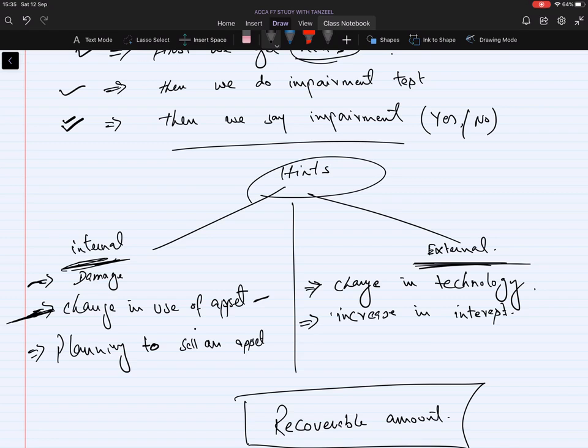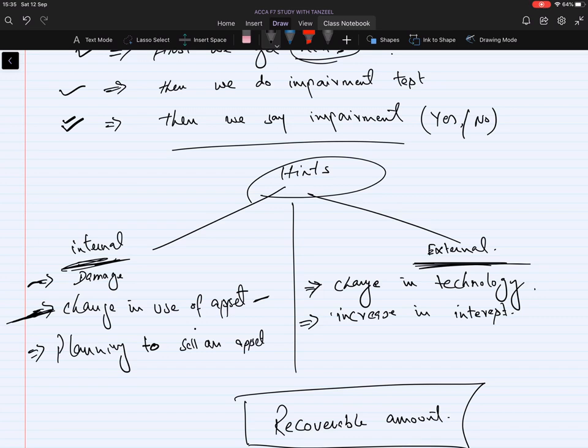So instead of 8 hours, I started using 24 hours with 3 shifts: 8 hours in the morning, 8 hours in the evening, and 8 hours in the night. Previously we were using the asset for 8 hours, but now we are using it for 24 hours. It means it is being roughly used.